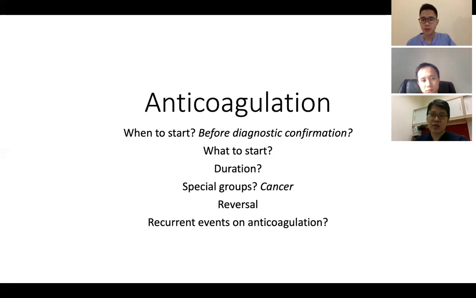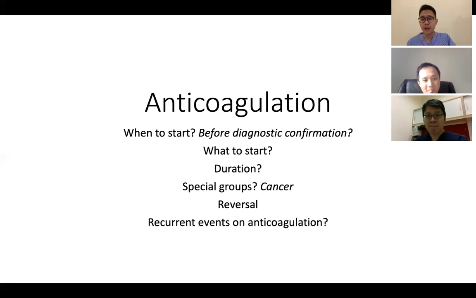So we have to follow what the trial says. Like you can also ask me, why does rivaroxaban need to be 15 milligrams twice a day for 3 weeks, then drop to 20 milligrams? It's basically based on trial protocol. And when I asked the principal investigator how that came about, they said they plucked it out from the air. Okay, got it.